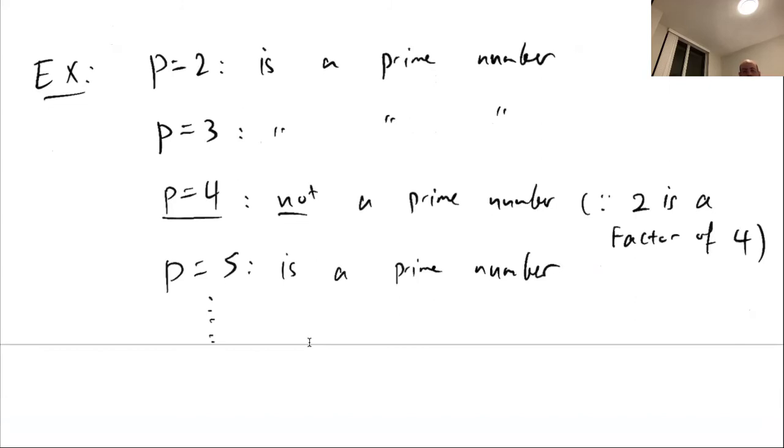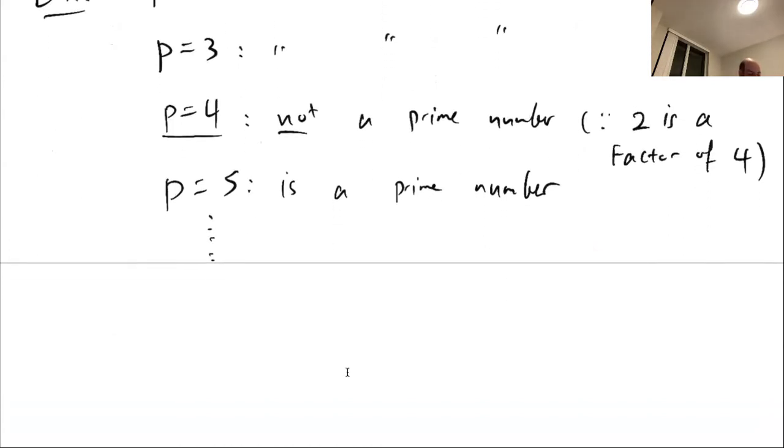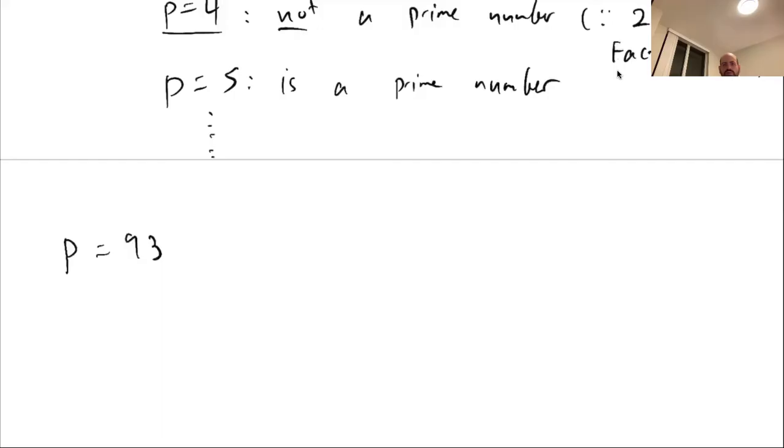And so on. So how can we check whether a number is prime or not? For example, let's say p equals 93. Do you think it's prime or no?